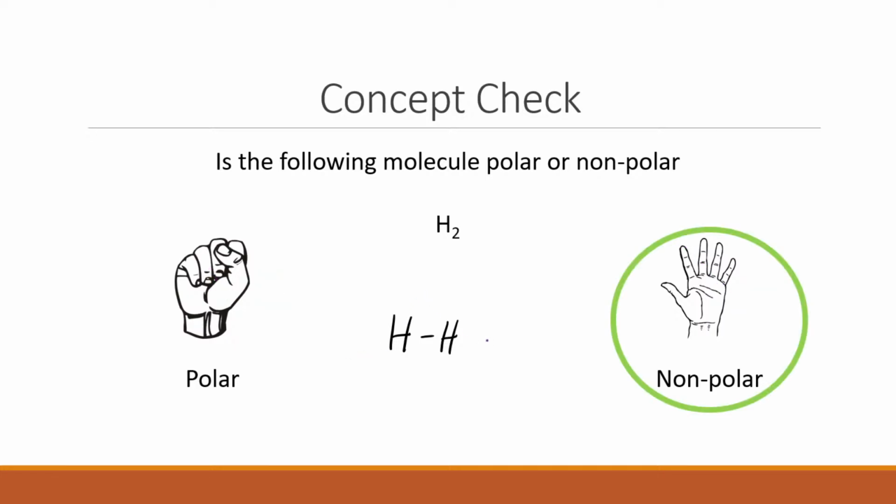We can draw this horizontal line of symmetry and also this vertical line of symmetry. Multiple lines of symmetry means we have a nonpolar molecule.